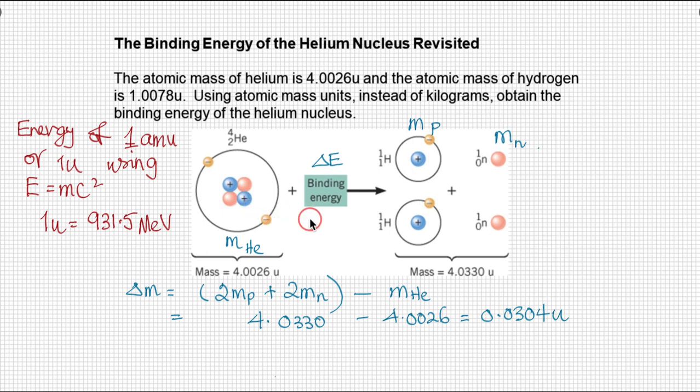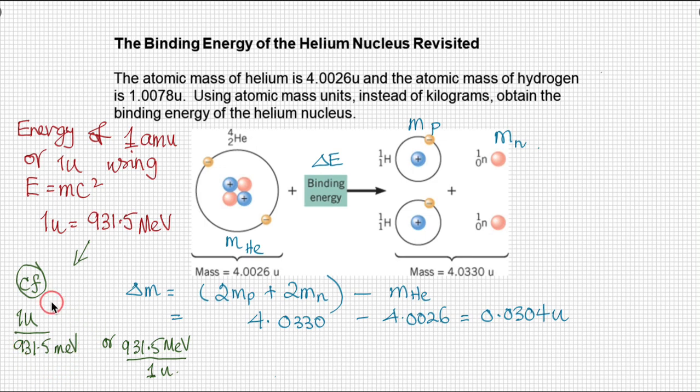So when we do our calculation, we use our conversion factors: 1 U per 931.5 mega electron volts if we're converting from mega electron volts to atomic mass units, or in this case we're converting from atomic mass units to mega electron volts.